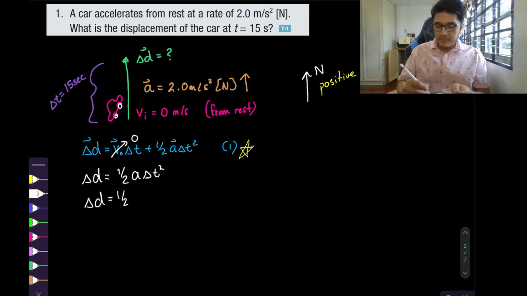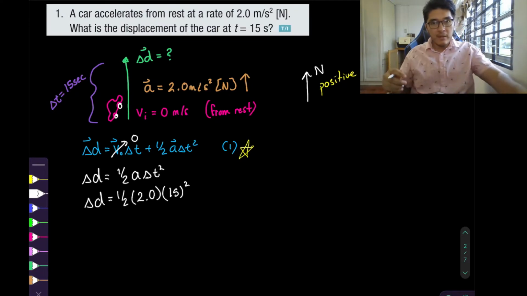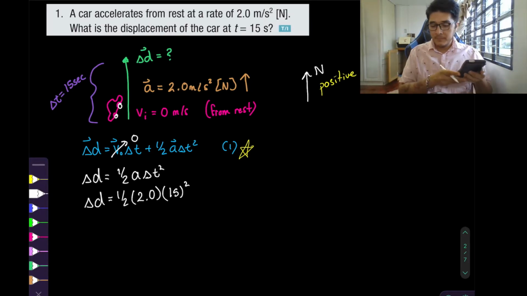So now we put in the values of the magnitude from the numbers that we were given. So our displacement is 1 over 2 times 2.0 times 15 squared. And here we plugged in the values and didn't have to convert the units because time was in seconds and the acceleration is in meters per second squared. So let's just calculate this then.